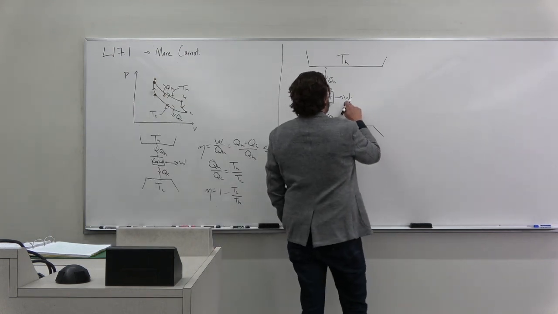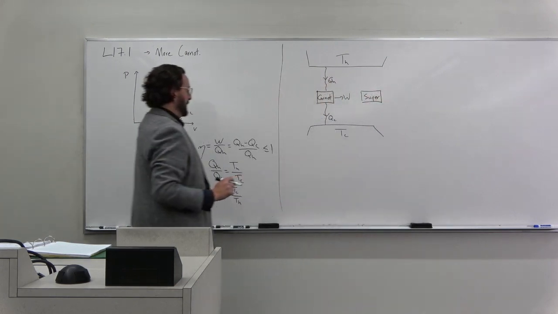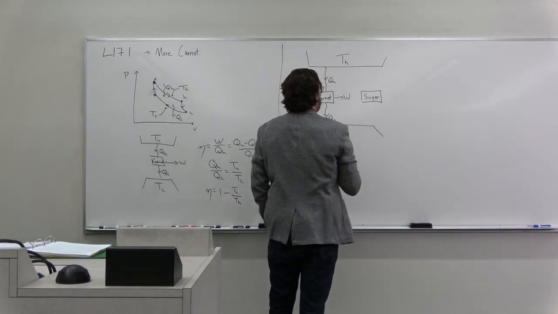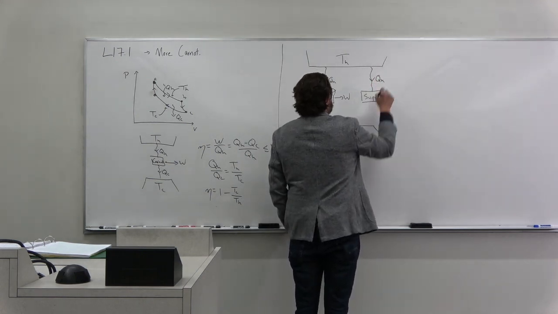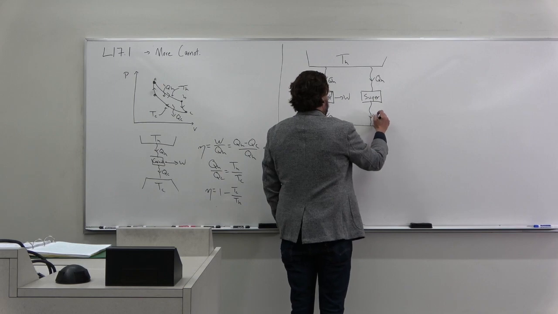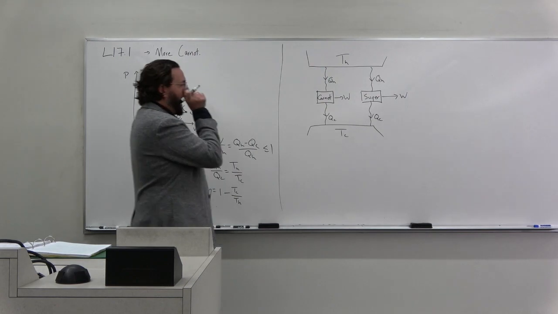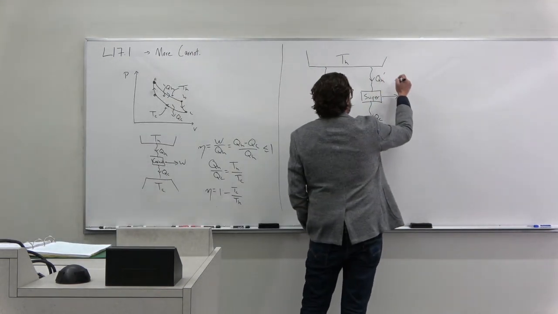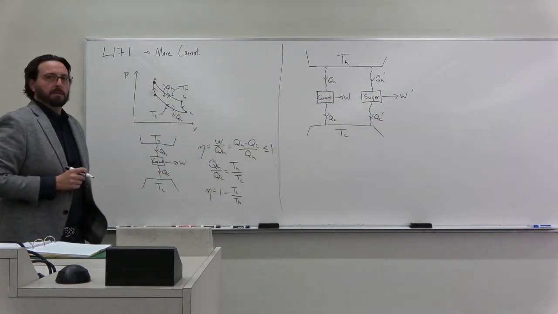And let's imagine having some work done, but also imagine we could build a better engine than a Carnot engine. We could call it, let's say, a super engine. So let's connect it to the same reservoirs, QH and QC, and get out some work. Okay? Let's assume that these are different quantities because this is a different engine.